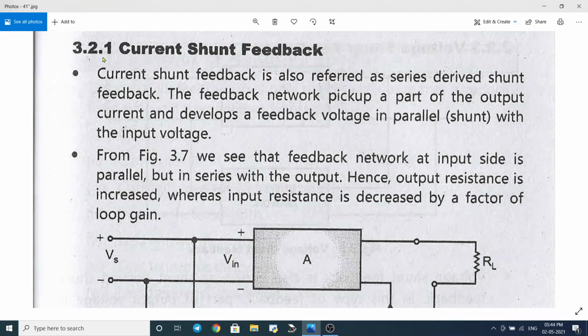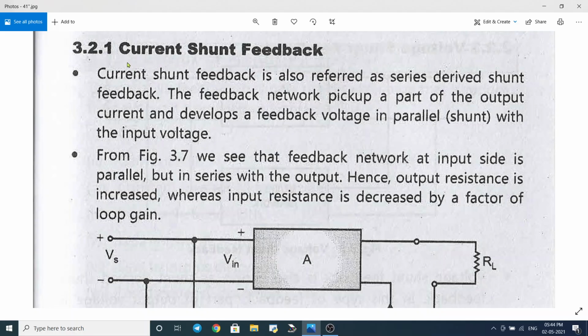See here, from the type of sampling we have current feedback, and from the type of mixing we have shunt feedback. So the combination is current shunt feedback. If you understand, current feedback is from the type of sampling and shunt feedback is from the type of mixing.